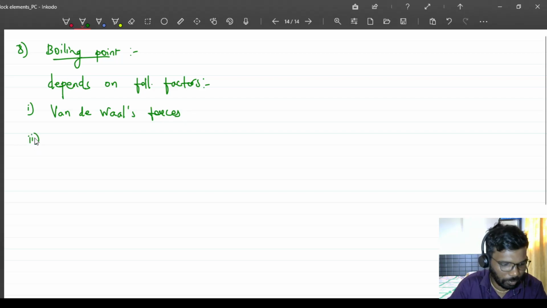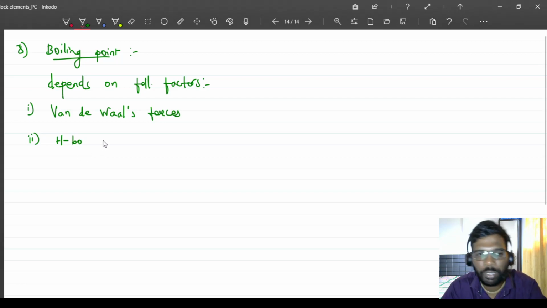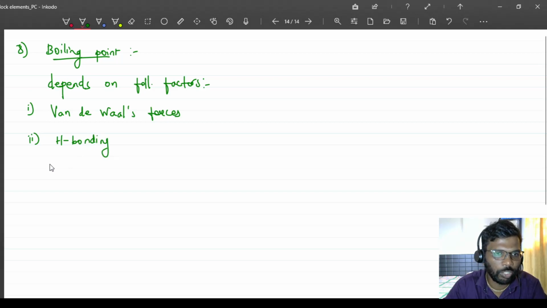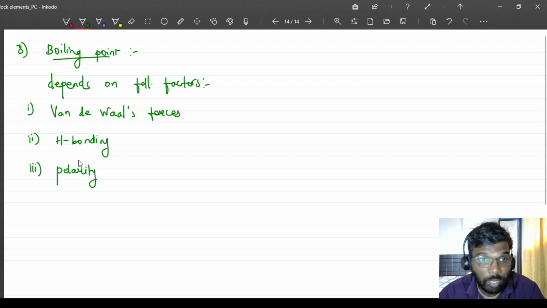Second, hydrogen bonding. This will basically be in molecules like water, so here it doesn't apply. Then the third is polarity. If there is the presence of an electronegative element, there is a polarity in the molecule. So these are the main factors.